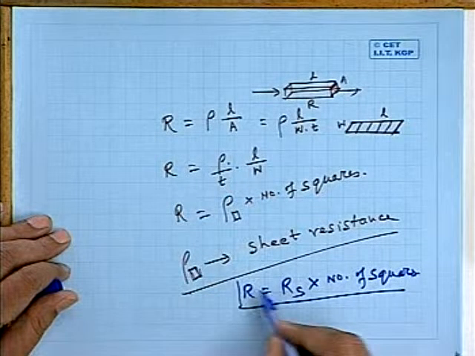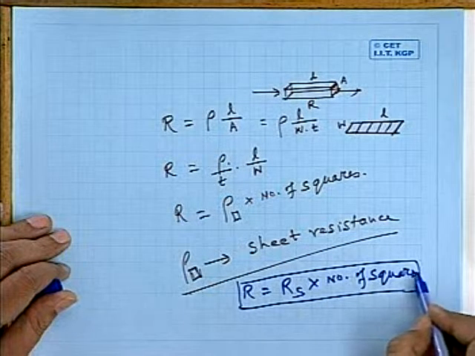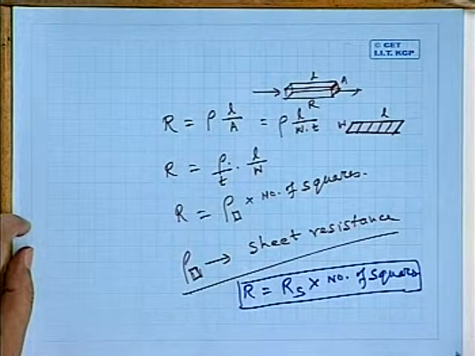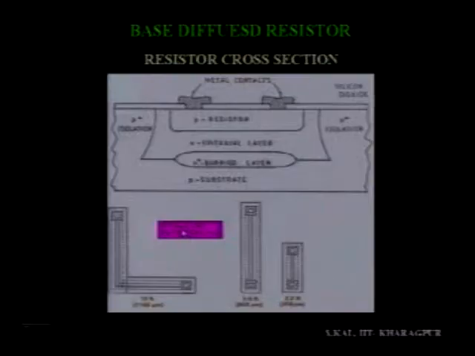So this is one important relation by which you can design the resistance values. Here R is RS into L by W, where L by W is the number of squares. Now for large values of resistance, for example, here it is shown: this is 10K, 5.6K, this is 2.2K. For 2.2K, the length is 256 micron, because the width is fixed here, which is maybe 10 micron or something like that.